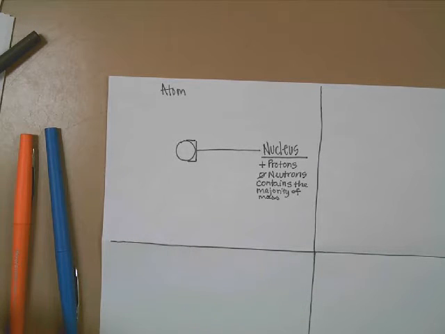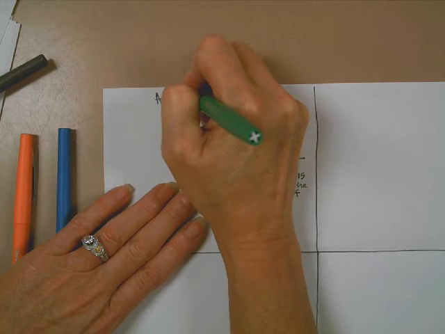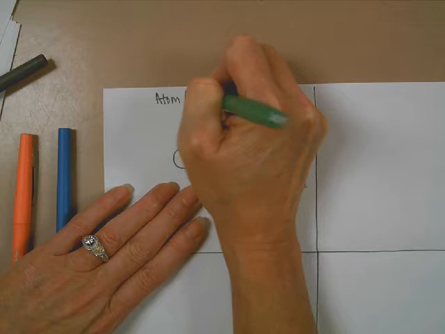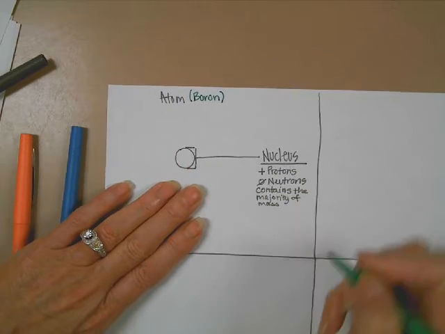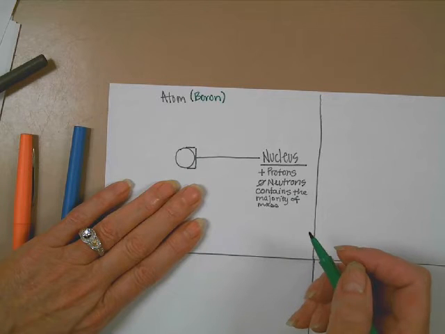All right, so we are going to go ahead and do an atom of, how about an atom of boron? It's going to be boron. And this is element number 5, or on the periodic table, atomic number 5.